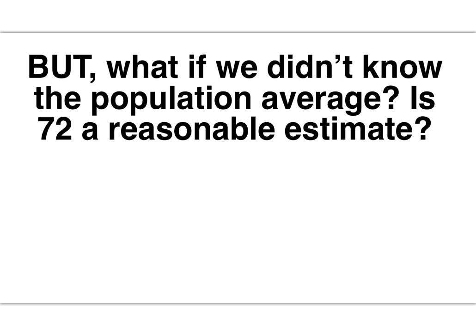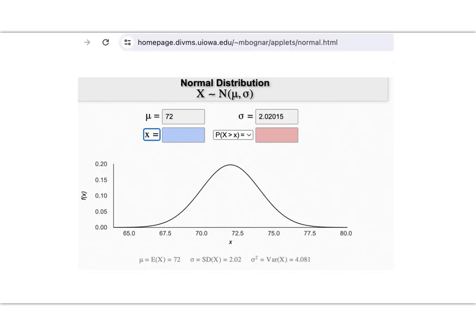So again, considering the population that we had and the sample we took, now we're going to think about it working backwards. Let's take a sample and see if we can make some generalizations about a population based on these estimates. So I redid this, and now since the average of my sample was 72, I'm going to pretend that's the mean of the population. And if we know sigma, which we did, the standard deviation of the sampling distribution was this number.